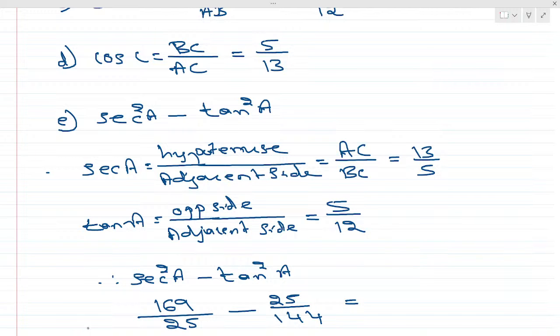So secant square A means hypotenuse by adjacent, that is 13 by 5, correct?